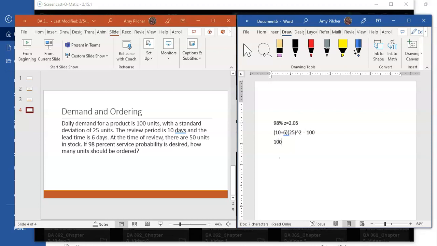So we have a daily demand of 100 times our lead time plus our review time, plus our z-score times the standard deviation, minus 50, because we already have 50 units in stock. And so our next order should be 1,755 units. Okay, and those are some of the examples from chapter 4.